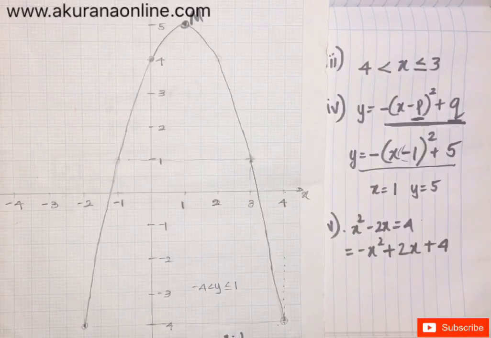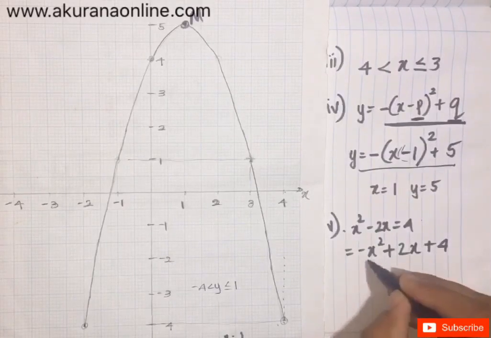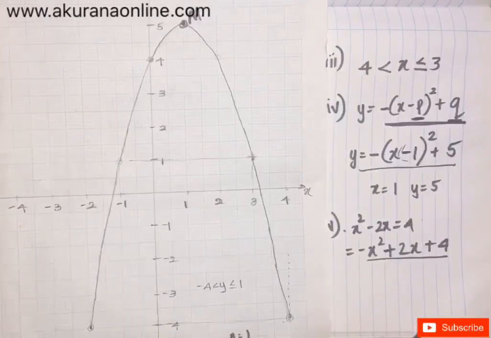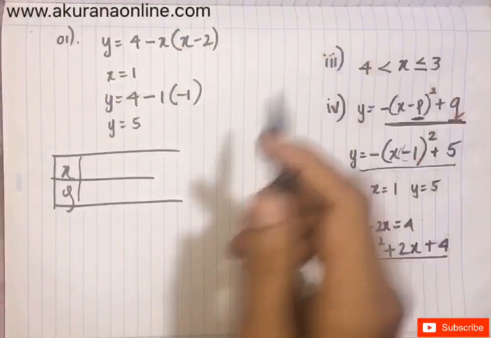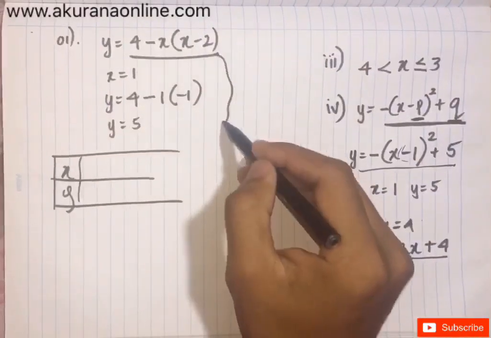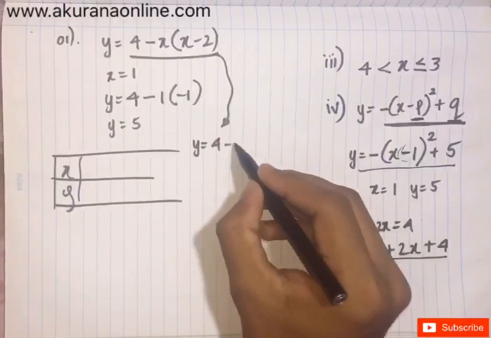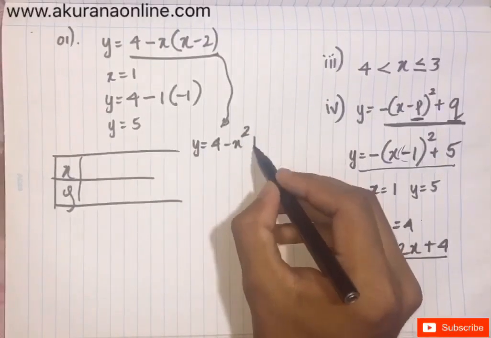Now if you factorize this, or you need not factorize. If you take the real equation of this question, here is the real equation. If you expand this, let me expand this first: minus x squared plus 2x.